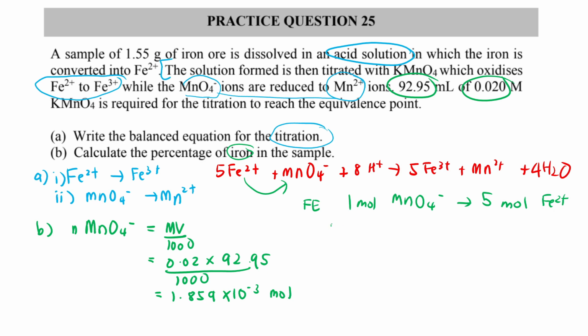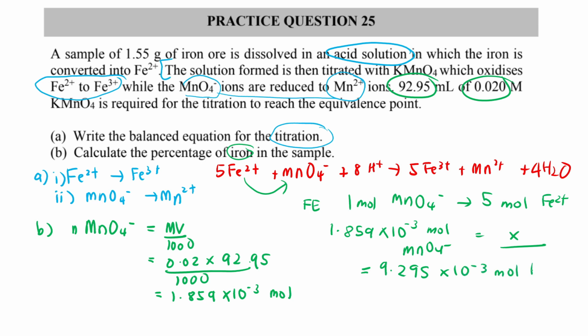If we have 1.859 exponent negative 3 mole of MnO4 minus, how many mole of Fe2 plus? Cross multiply, and we have 9.25 exponent negative 3 mole of Fe. In this question, we consider Fe2 plus the same as Fe.